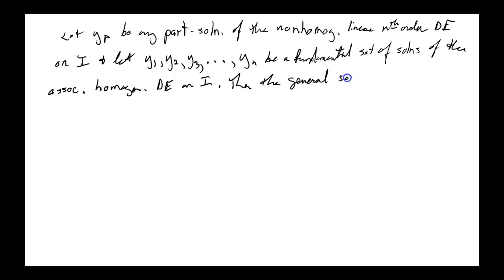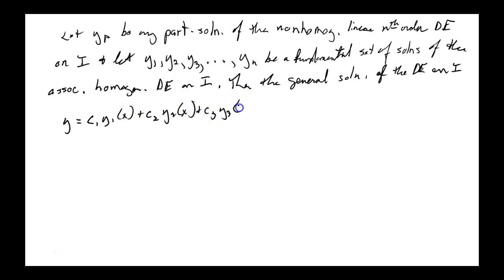The general solution of the equation on the interval is y is equal to c1 y1 of x, plus c2 y2 of x, plus c3 y3 of x, plus dot, dot, dot, all the way down and including c sub n y sub n of x, plus your y sub p.